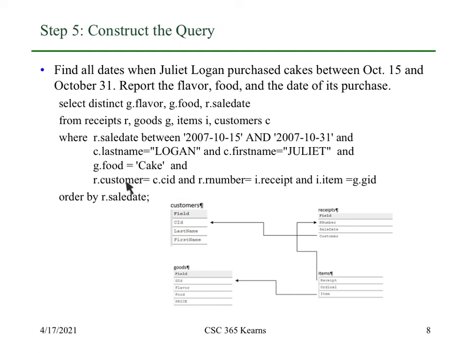So we need to link the receipts table with the customers table, the receipts table to the item table, and then the item table to the goods table. And then finally, we want to order by the sales date to make it easier for us to understand the data.